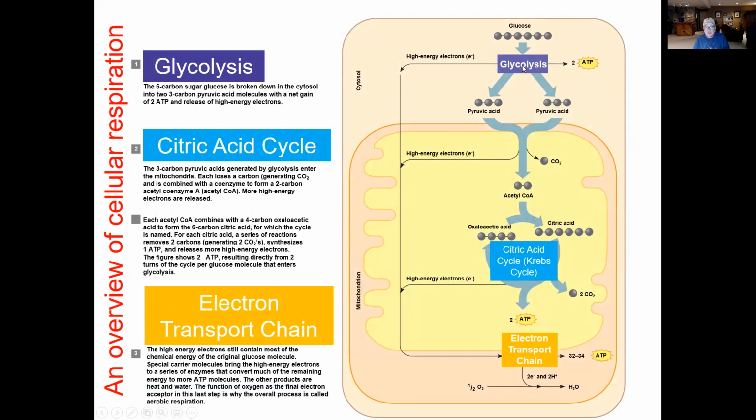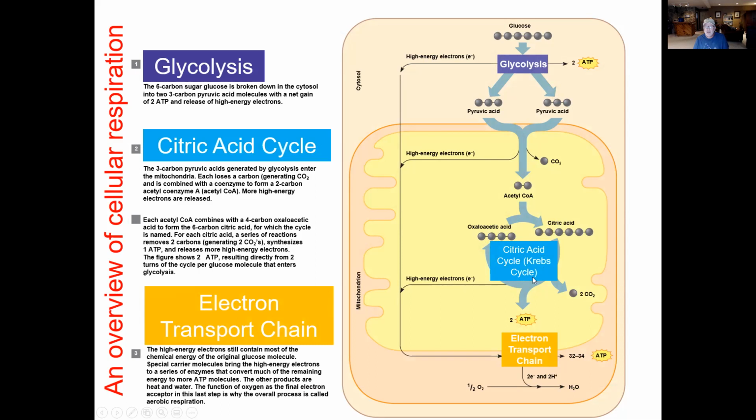But I want to just point out the three major stages, and they occur in a particular sequence, which is, in this case, top to bottom: glycolysis, citric acid cycle, or some books will call it the Krebs cycle, named after Hans Krebs, who was, I think, a European scientist who won a Nobel Prize, I believe, in chemistry for discovering this series of chemical reactions. So it's named after him.